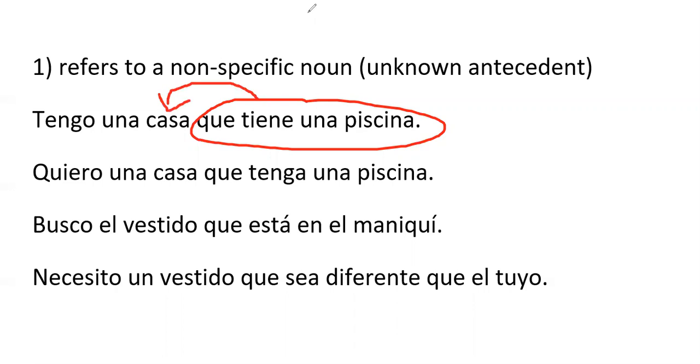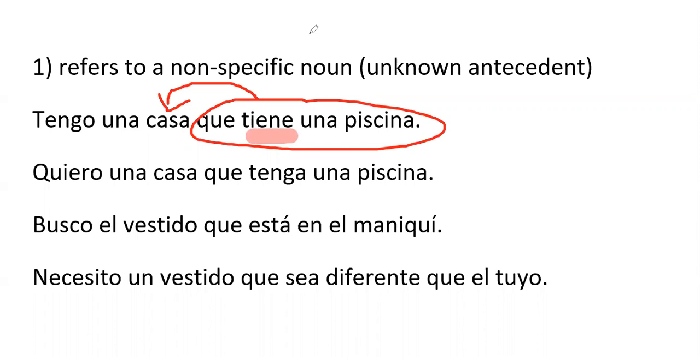Now, if this casa is unknown, we would use a subjunctive. But we know which house I'm talking about. I am referring to a specific house. So because it is known, and we're talking about something specific, that's why it is tiene in this clause. It's in the indicative because it's known.